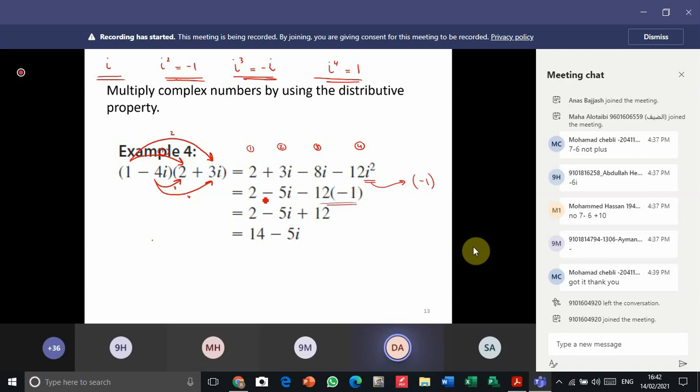Now we have 2 and positive 3, minus 8i minus 4i, negative 5i. Multiply negative 12 with negative 1, we have positive 12. Now add 12 with 2, we have 14 minus 5i. Okay, any question?